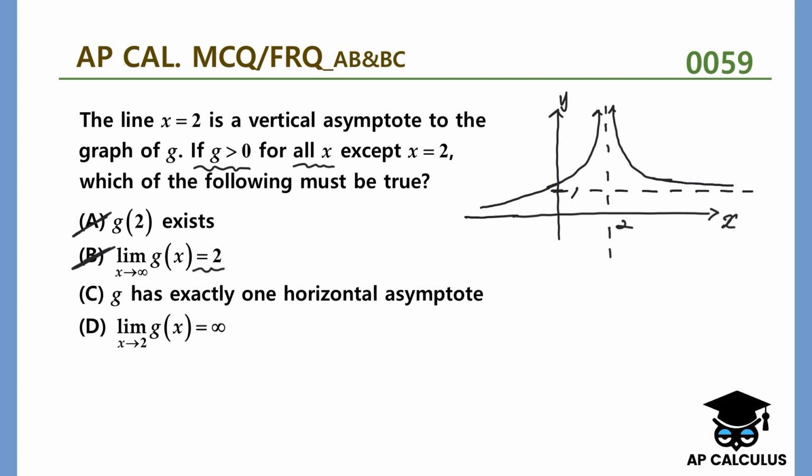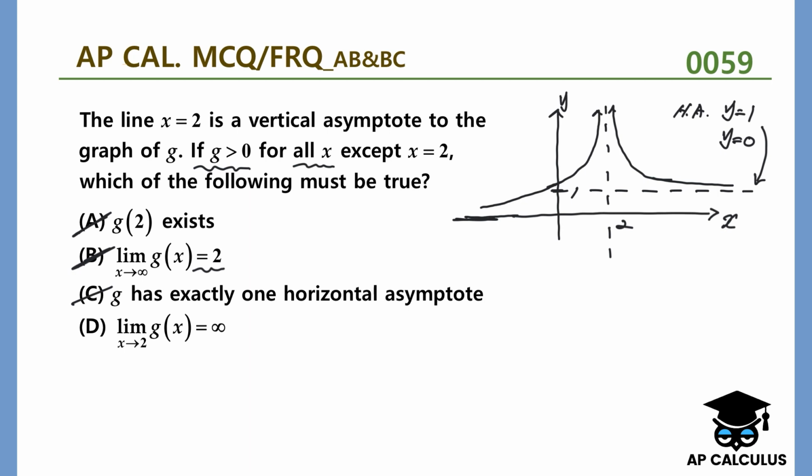Then if we have this type of graph, the horizontal asymptotes are y equals 1 and y equals 0. We could have 2 horizontal asymptotes, so that's not always true.